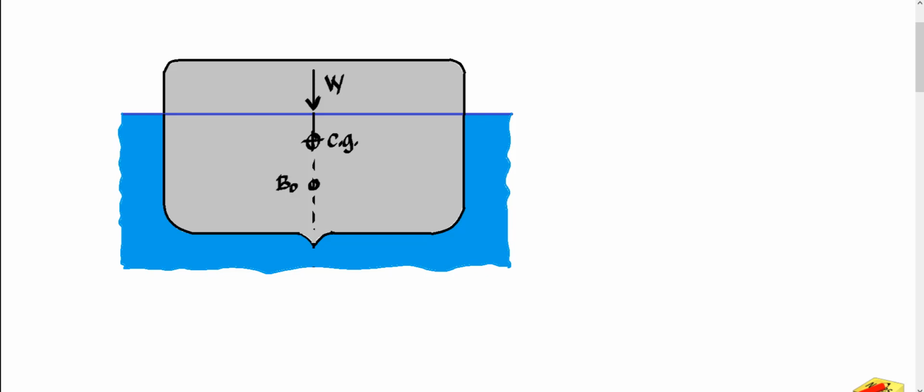I'm going to use B0 here, which represents the center of buoyancy in the upright position, the center of the displaced liquid. And I'm going to use BF to represent the buoyant force.